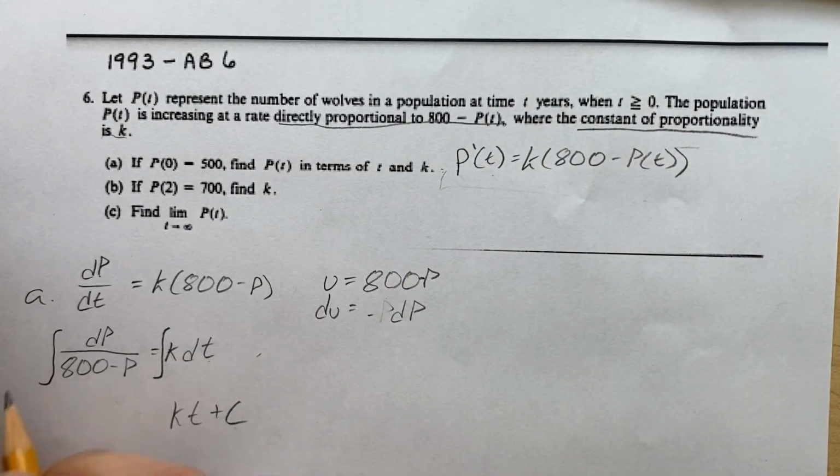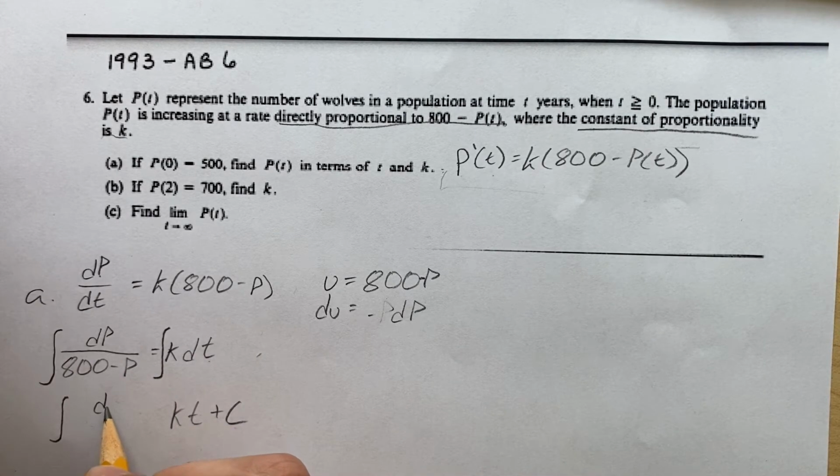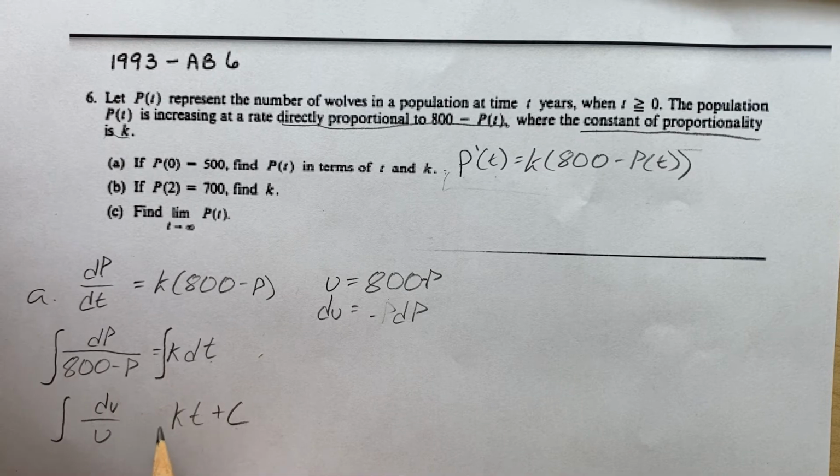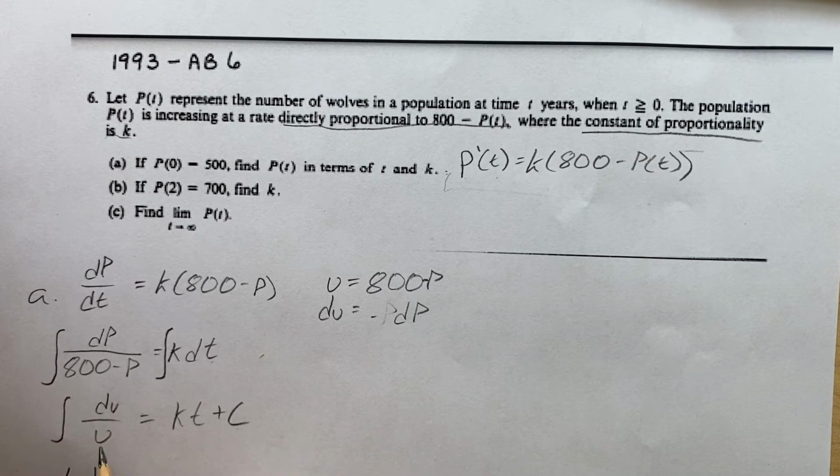So you can simplify this down to du over u equals that, which of course you can change to the natural log of the absolute value of u, and instead of putting u, I'll just substitute that back in, 800 minus p. And that equals kt plus c.